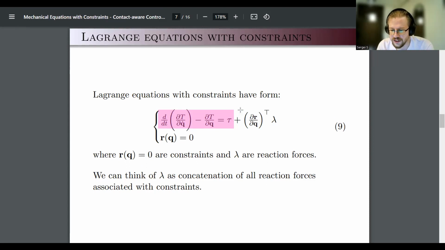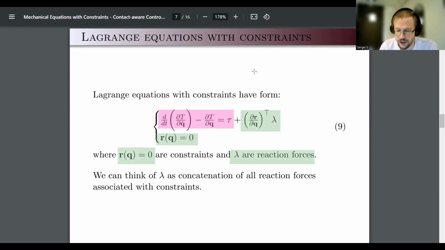We have this addition here, some kind of Jacobian transpose times lambda. And we have this addition here. This is called constraints. And this is called reaction forces. Lambda are reaction forces. That's what we call it.